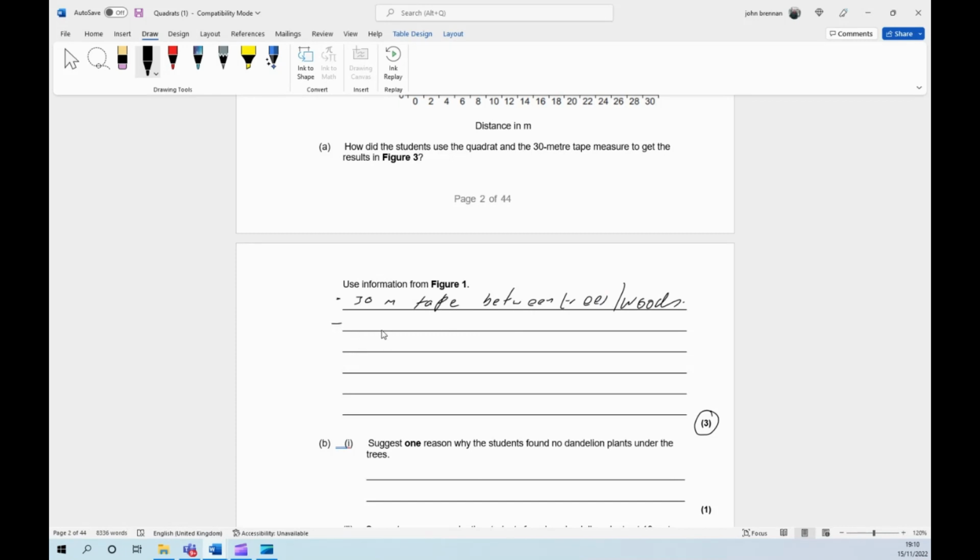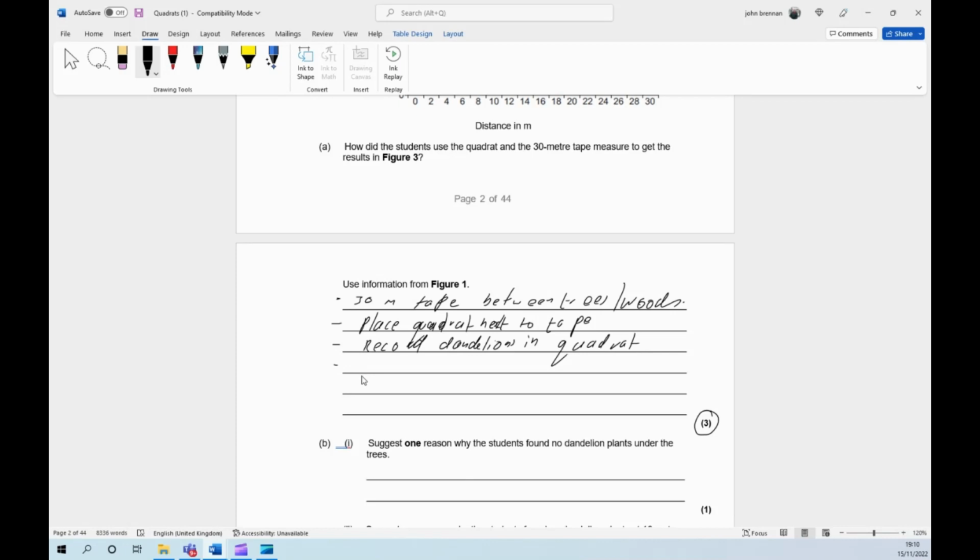The next thing that they're doing, and you've seen it in figure 1, is they place the quadrat next to the tape. They are recording the number of dandelions in the quadrat.